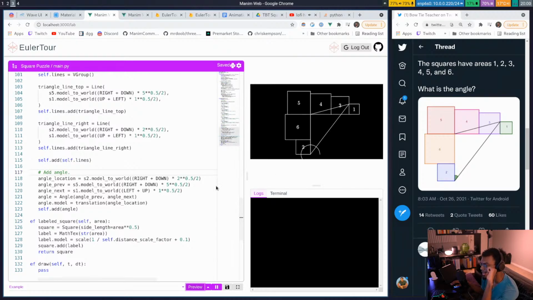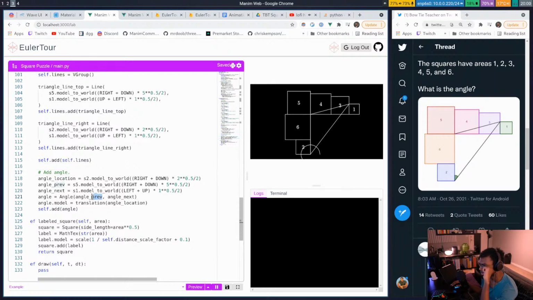Okay, so why didn't that work? Angle prev, angle next. It's like it wants to be measured in the positive direction.